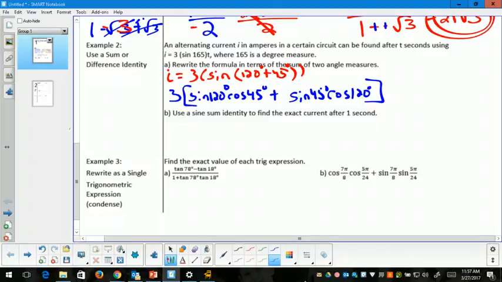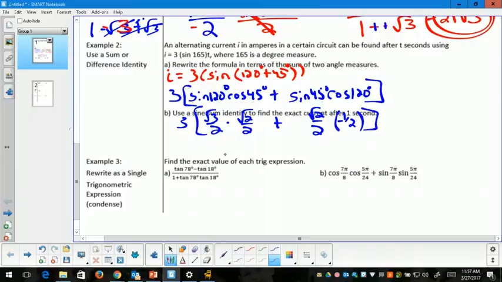For 45, that's easy. It's square root of 2 over 2, whether it's sine or cosine. Sine of 120 is square root of 3 over 2. Don't forget there's a 3 out in front of the whole thing. And the cosine of 120 is negative 1/2.